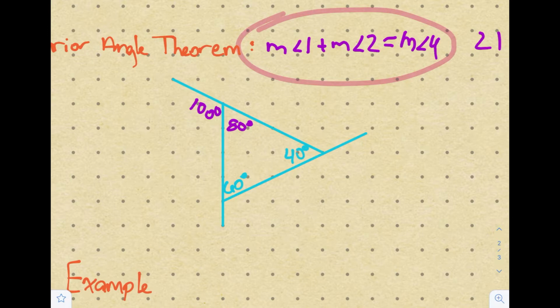So now this exterior angle is equal to the sum of its 2 remote interior angles, 80 and 40, which is 120 degrees. And finally, this exterior angle is equal to the sum of its two remote interior angles, 80 and 60, which is 140 degrees.